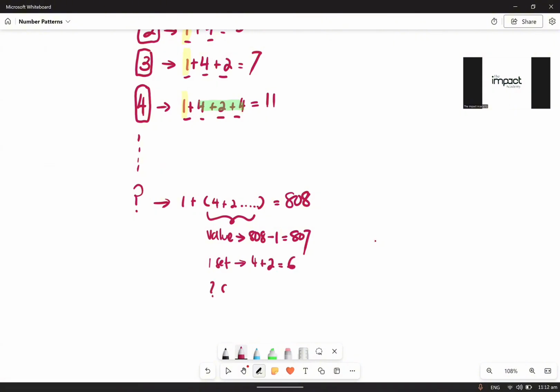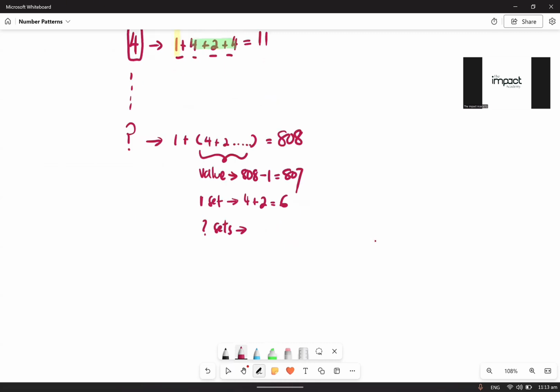So how many sets do I need if I want to get to 807? Let's do 807 divided by 6. We get 134.5. Don't worry. 134.5 means 134 and a half. So I want to get to something that is closest to 807.